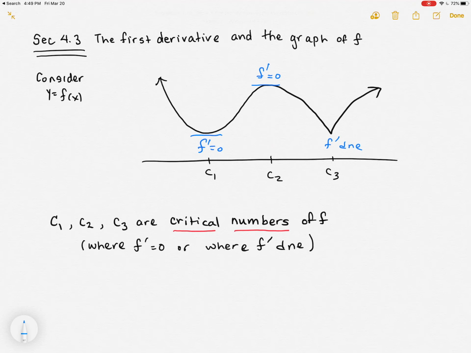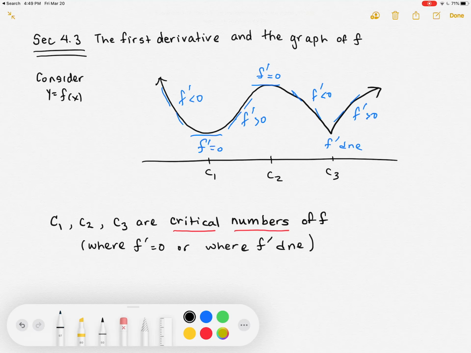If I drew some more tangent lines around those critical numbers, where the graph is falling like this, the tangent lines are going to have negative slope. Negative slope is going to tell us that the graph is decreasing. On these two intervals, the tangent lines can be drawn like this, so they have positive slope. Positive slope is going to tell us that the function is increasing on that interval.